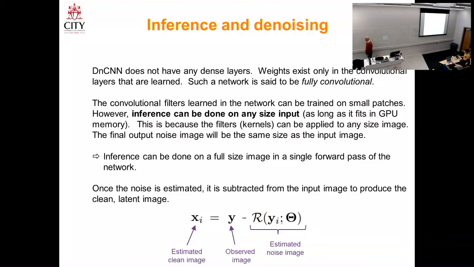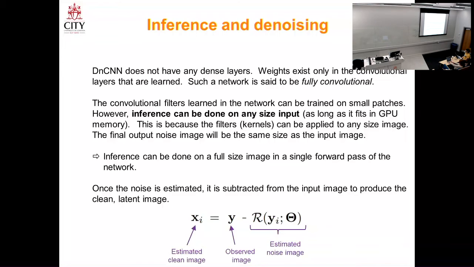Okay, so what's interesting about DnCNN is that it doesn't have any dense layers. It's only got convolutional layers. It's got some batch normalization, but the weights are in these layers, and they can be applied to any size image. So this type of network is said to be fully convolutional because it doesn't have any dense layers.